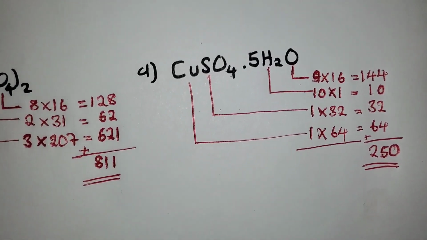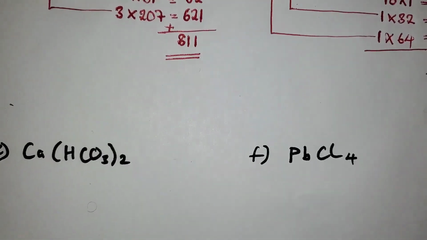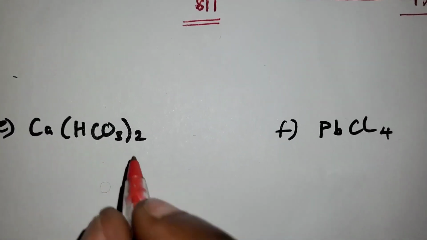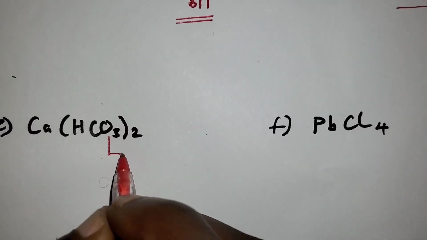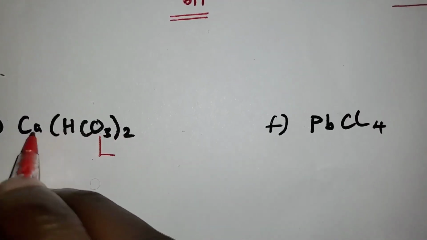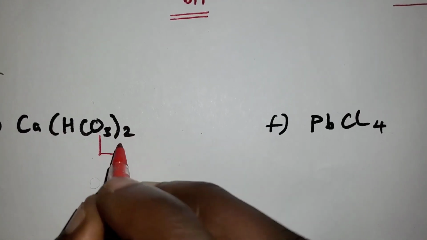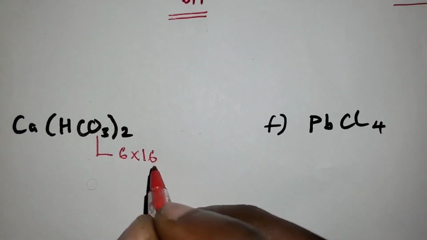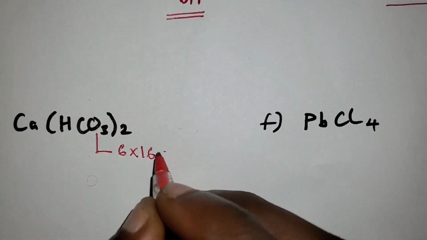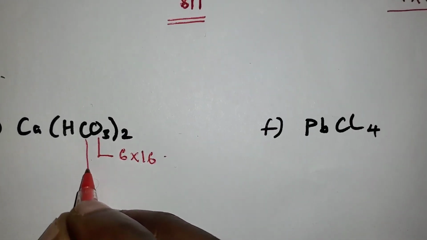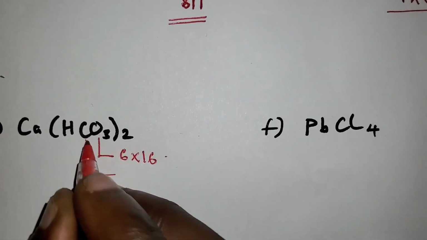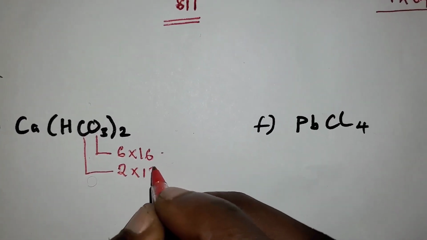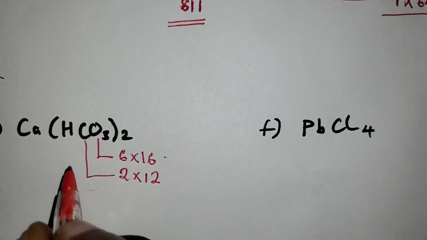Let's go to the last 2 questions. This is calcium hydrogen carbonate. For the number of oxygen atoms, you have 3 times 2, which will be 6. 6 times 16. Then we come to carbon. The number of carbon atoms here is 2. 2 times 12, mass number is 12.